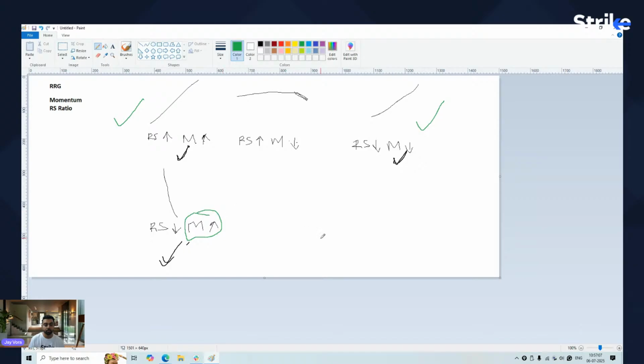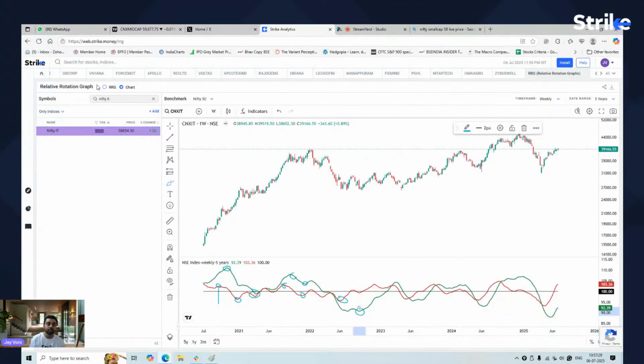Which is over here. If the momentum is rising, that is a good sign. If momentum is rising, that means the RS ratio should start rising sooner or later. But that doesn't mean that when the momentum is rising you start just blindly buying. It doesn't happen that way. RRG is a tool that will help you to scan the stocks very quickly.